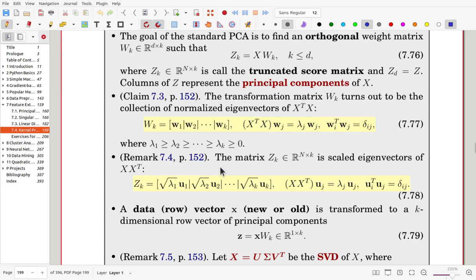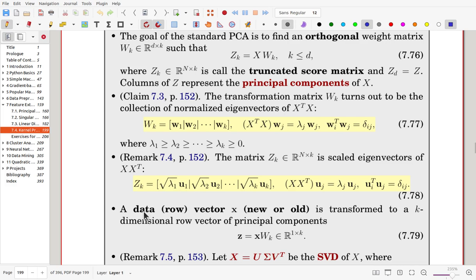Also, we recognize that the score matrix is scaled eigenvectors of X X transpose. X X transpose has the same eigenvalues lambda_j as X transpose X, but the eigenvectors are different. Once normalized, Z_K can be written in this way: the collection of eigenvectors scaled by the square root of lambda.